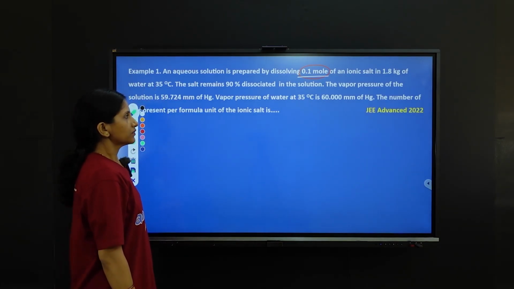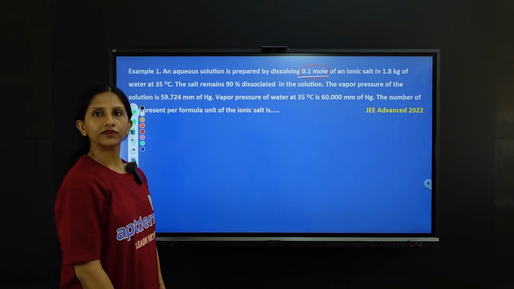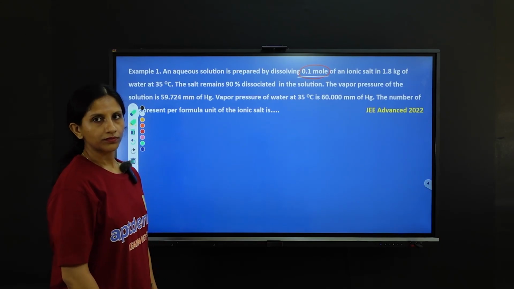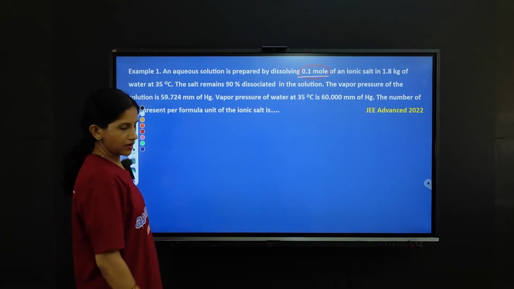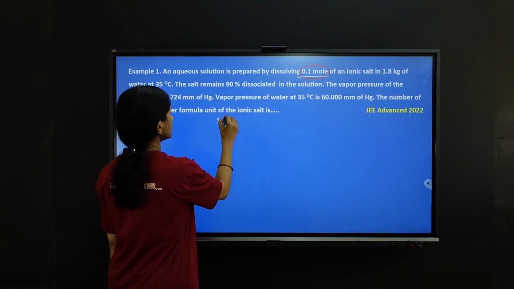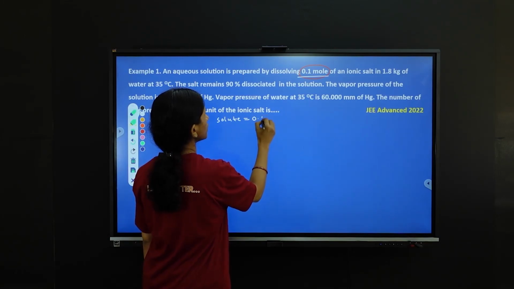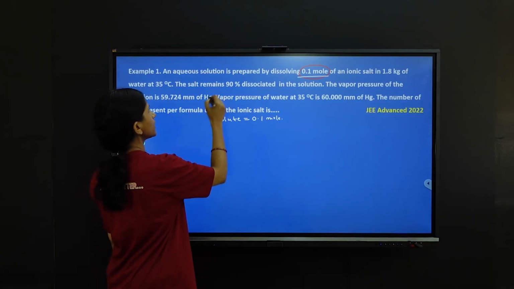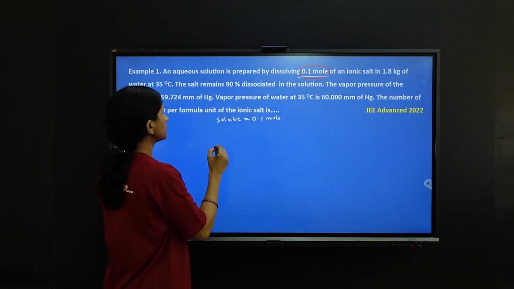So what can be considered is that one molecule of the solute, because it is dissociated, can give you i number of ions, and the concentration of the solute is given as 0.1 mole, and also the information is given that it will remain 90% dissociated.